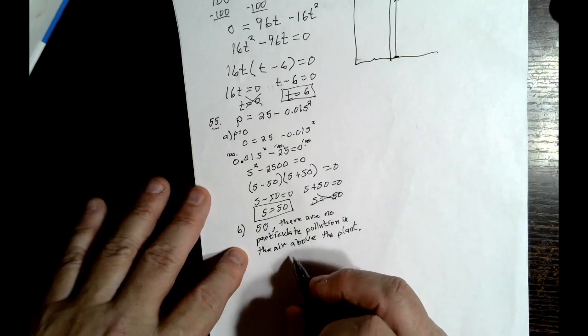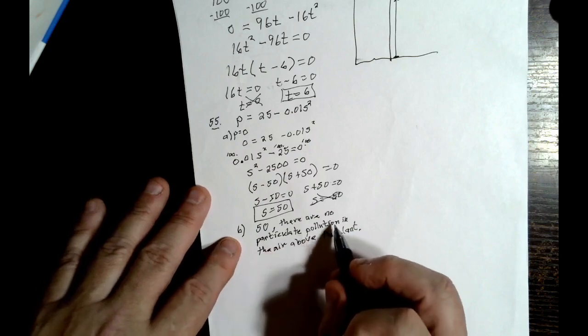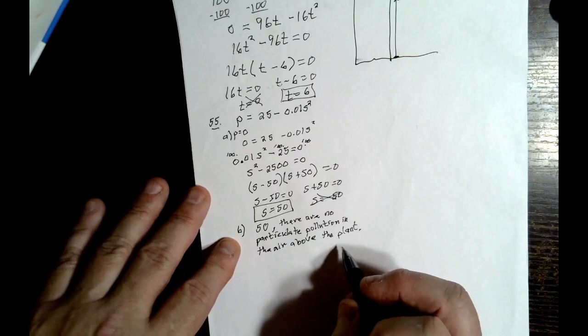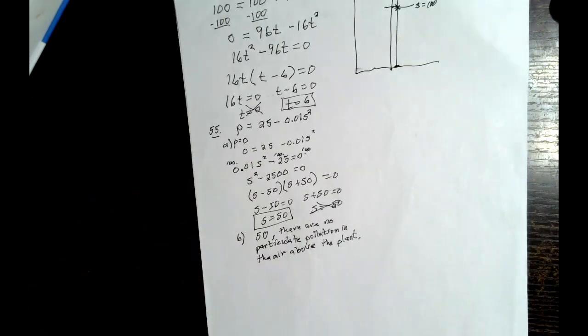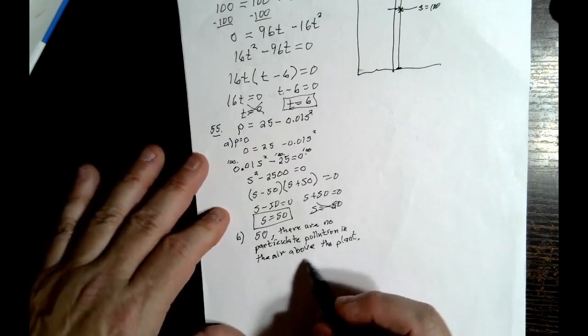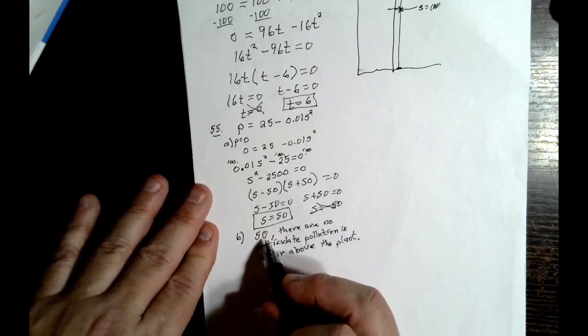Then part B, what value of S from part A makes sense, and what does P equals 0 mean in this application? So 50, there are no particulate pollutions in the air above the plant. Okay, so the P equals 0 means that there are no particulate pollution in the air above the plant, but the first one is what number makes sense, that positive 50 does.